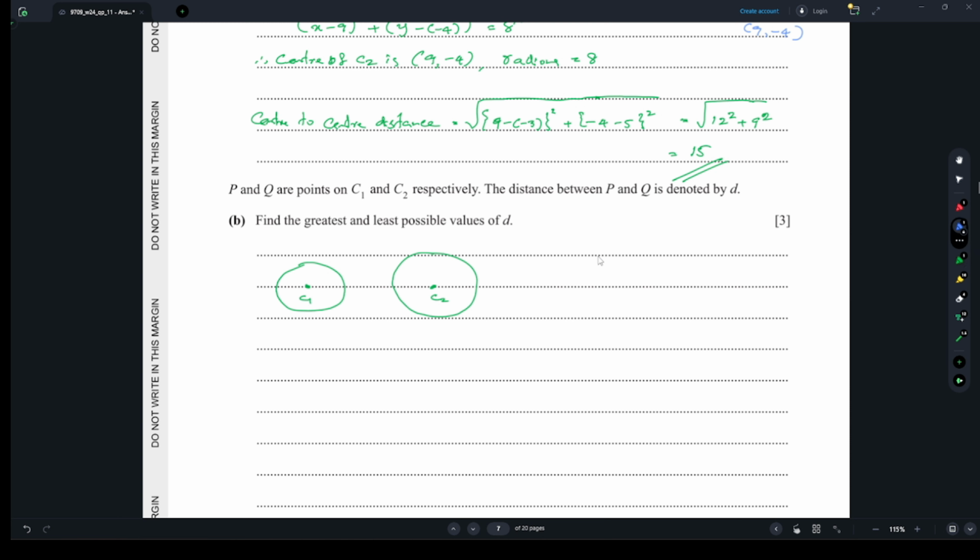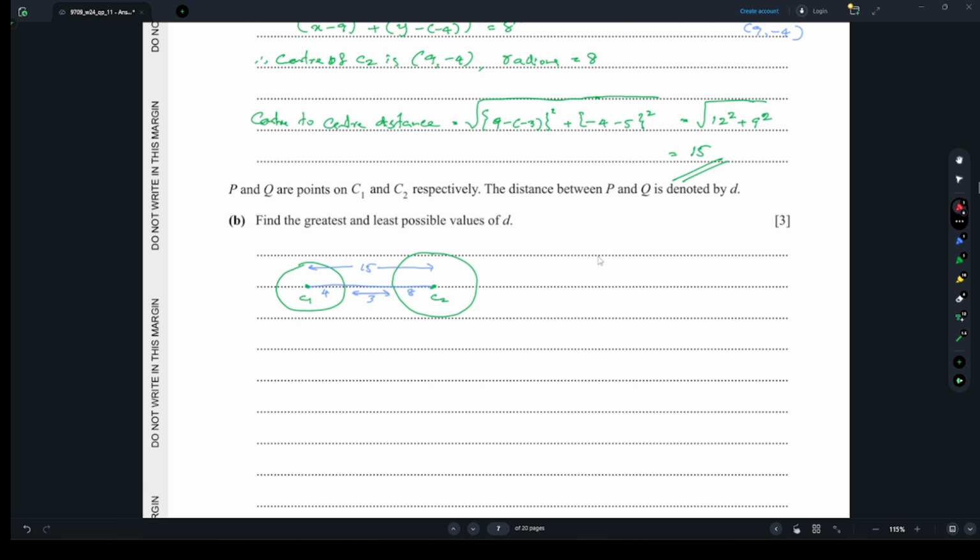Now when we take the distance, this total distance is 15, the total distance from here to here. The radius for C1 is 4, this is 8. So this distance is then 3.